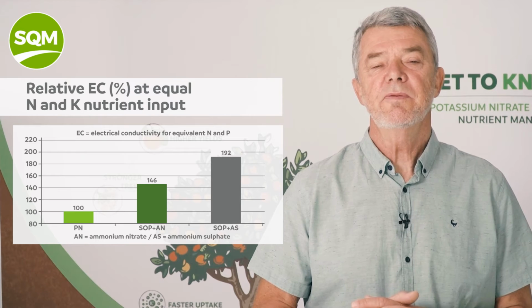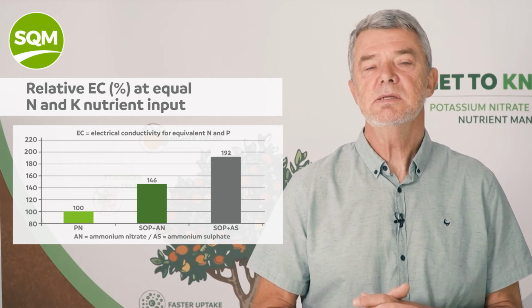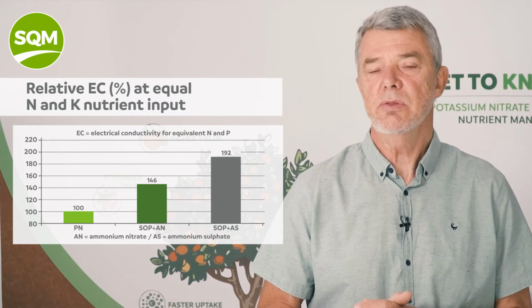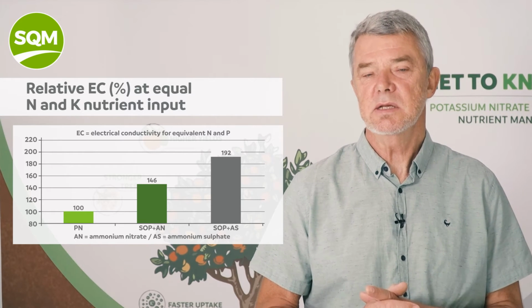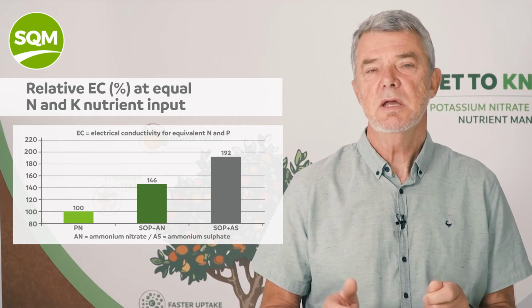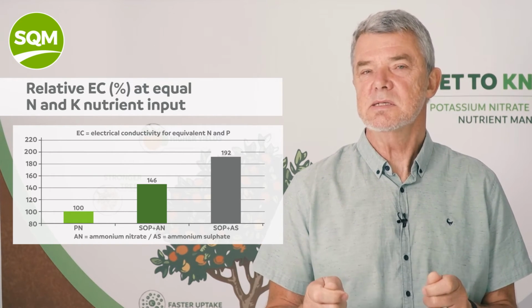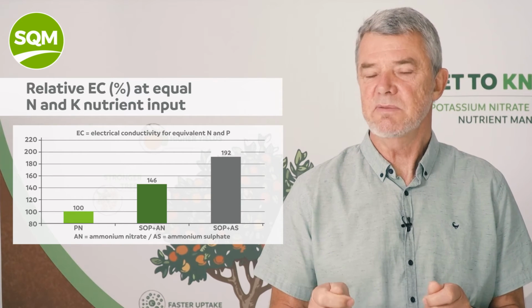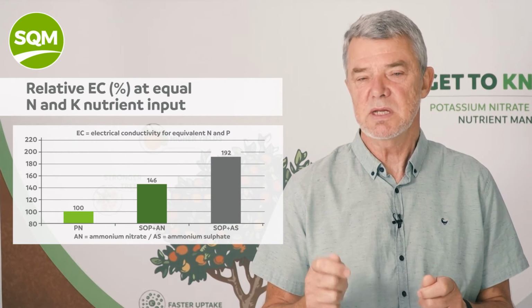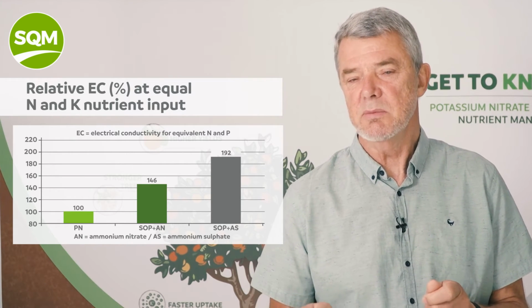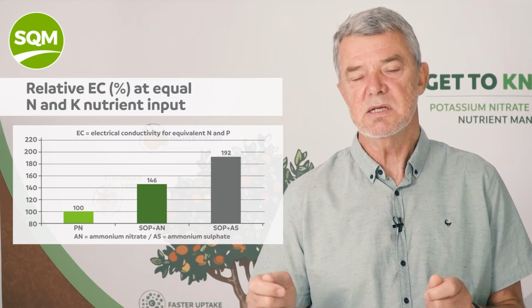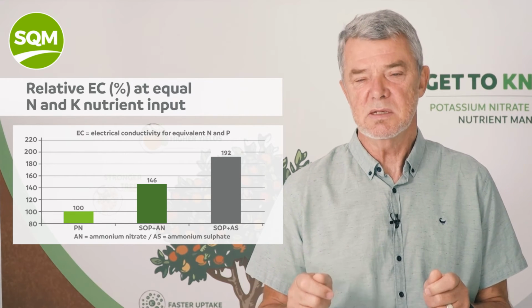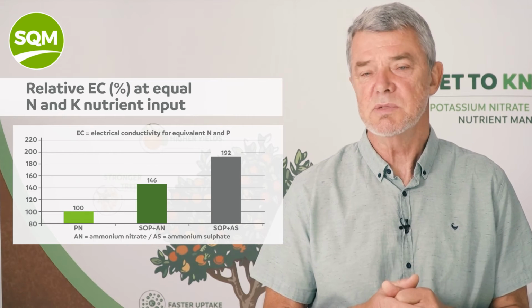This graph shows the EC, or relative EC, on the y-axis, and it shows potassium nitrate as a potassium source. And to get exactly the same potassium and sulfate, we use potassium sulfate and ammonium nitrate. And also to get the exact same potassium and nitrogen, we use potassium sulfate and ammonium sulfate.